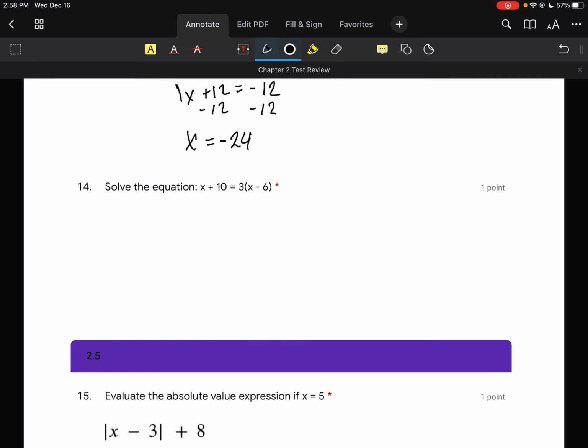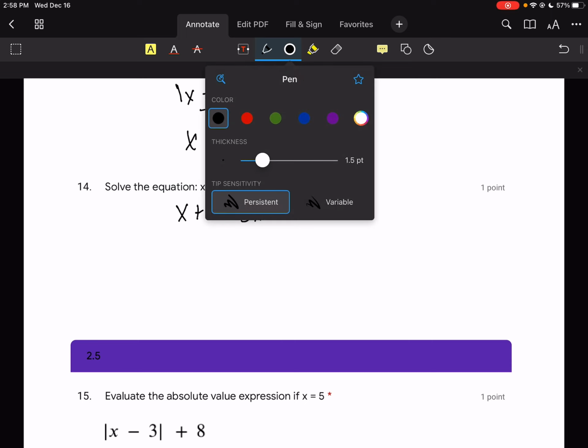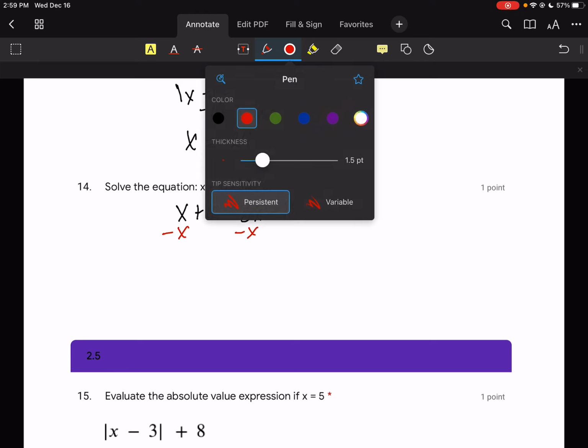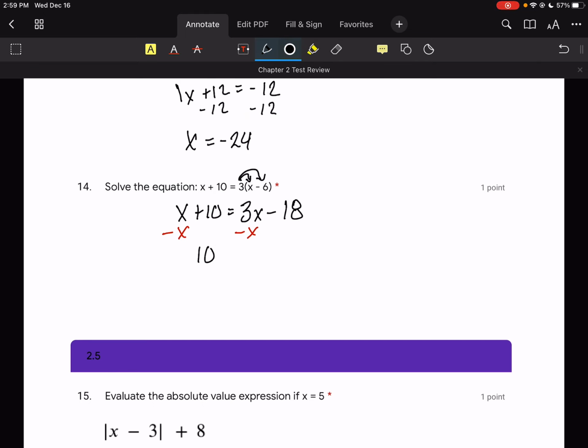Solve the equation. This time I only have distribution on one side, so I'm going to have x plus 10 is equal to 3x minus 18. I'm going to move the 1x this time so that I'll get 10 is equal to 2x minus 18.